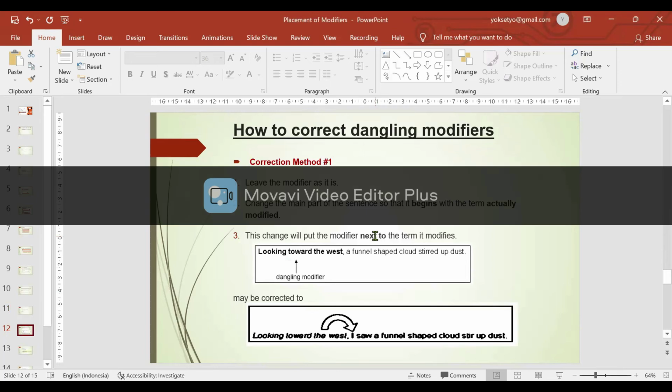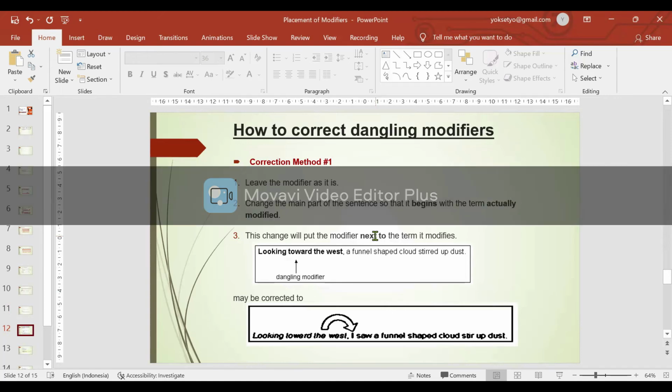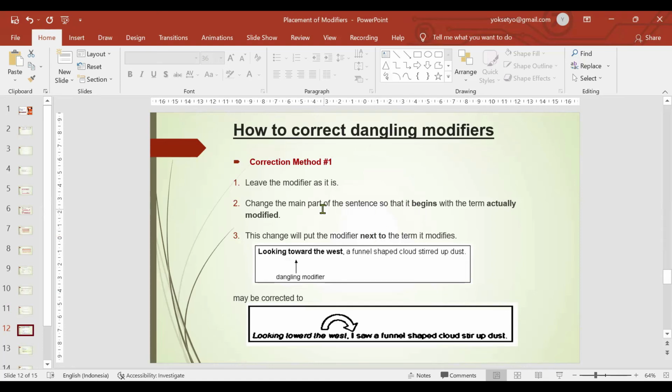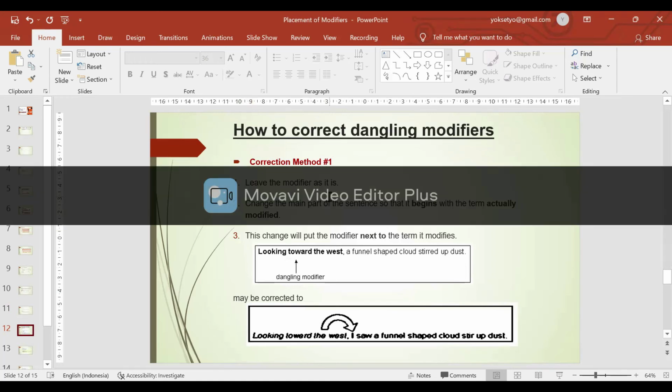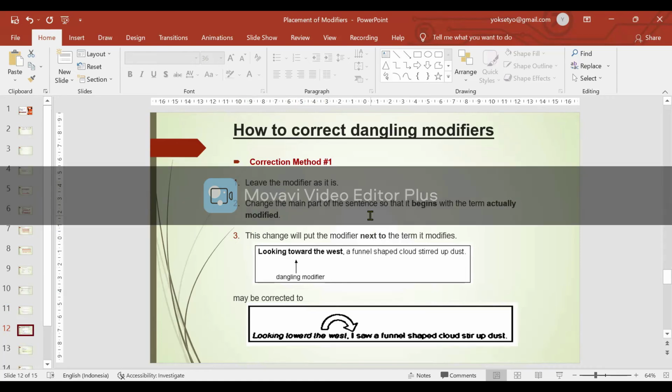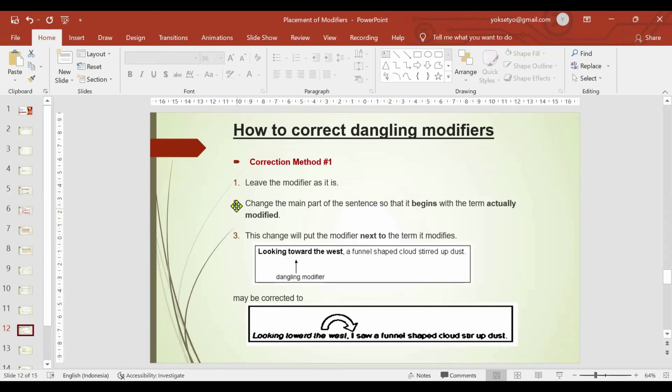Now we'll see how to correct the dangling modifiers. There are two methods. The first method is to leave the modifier as it is, and then change the main part of the sentence so that it begins with the term the modifier actually modifies.